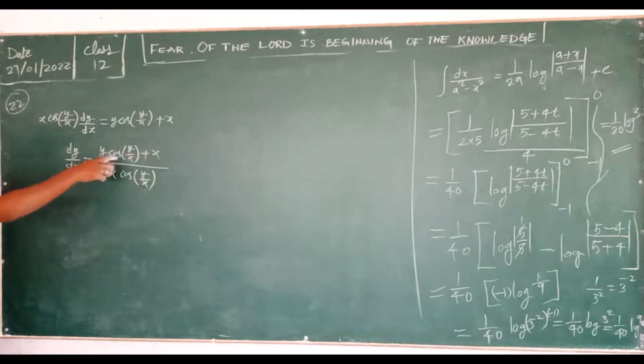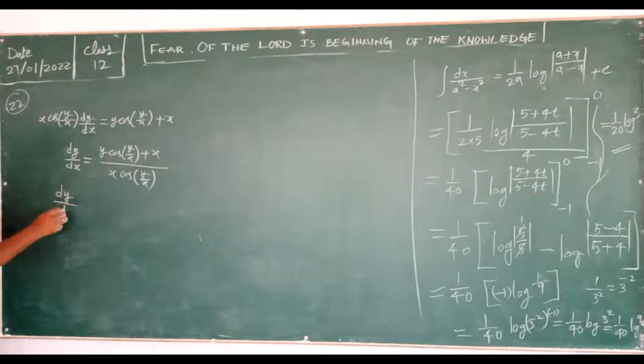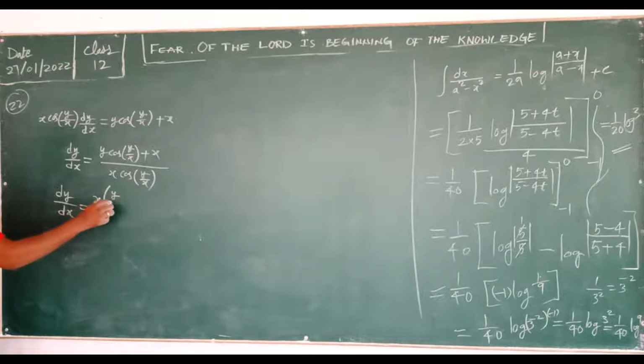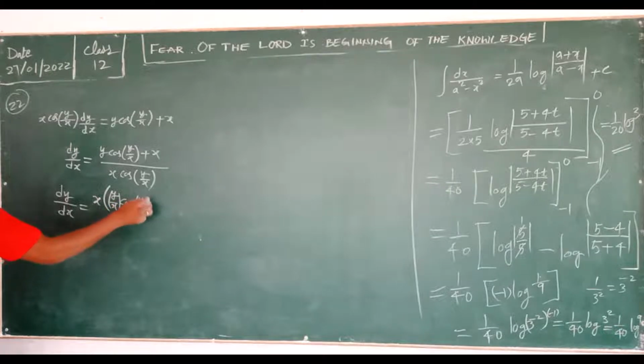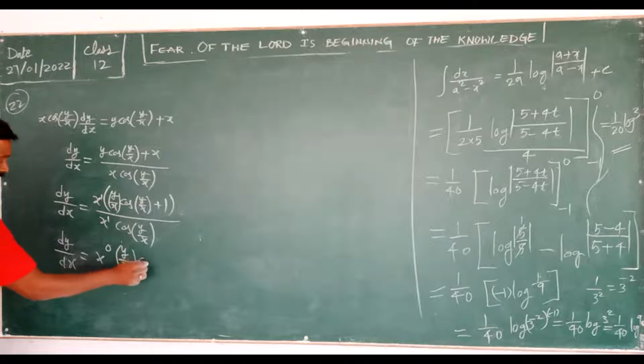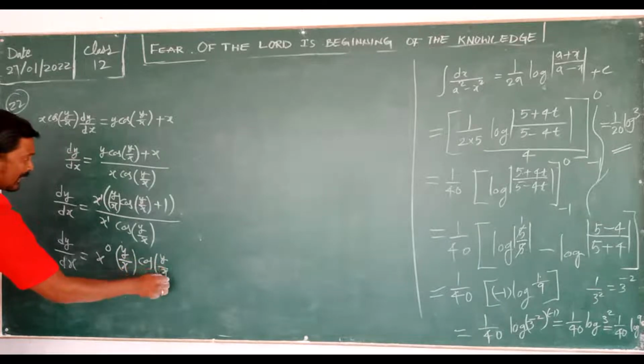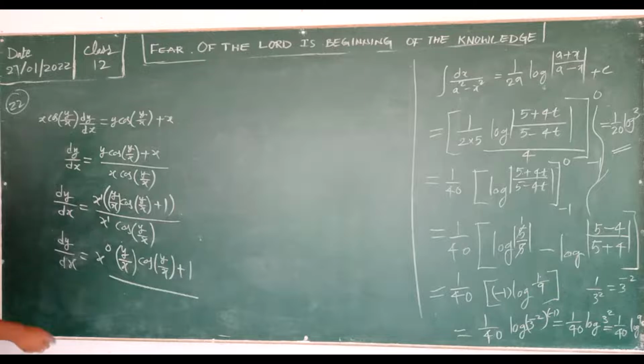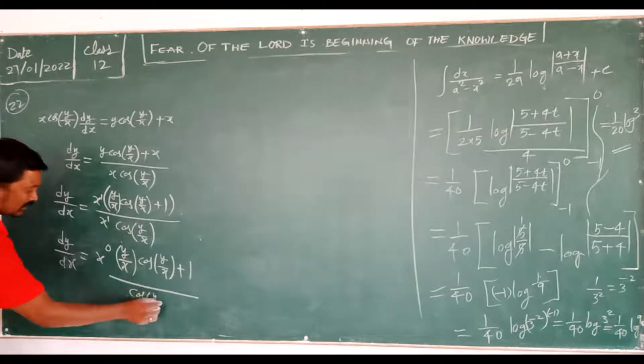In both, take x common. So dy upon dx is equal to x, common, means you get y upon x cos of y upon x plus x common. So now this is 1, this also 1. Then dy upon dx is equal to x to the power 0, then y upon x cos of y upon x plus 1 upon cos of y upon x.